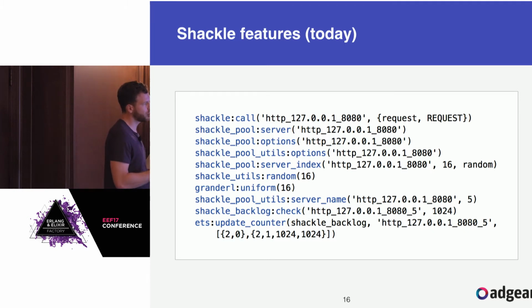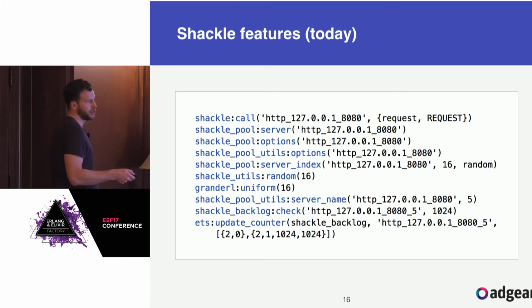Now, from these pool options, we know that the pool strategy is random, the number of workers, the pool size, is 16, and this is the name of the pool. So we call random 16, which is backed by GrandErl now, and we generate the server name, which is just an atom. From this name, we call backlog check with the maximum backlog size, and we just do an update counter to an ETS table to check what the backlog size is.